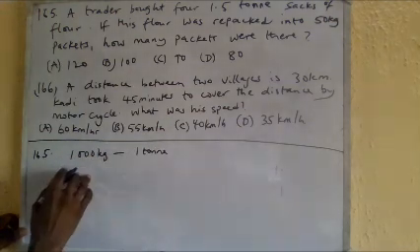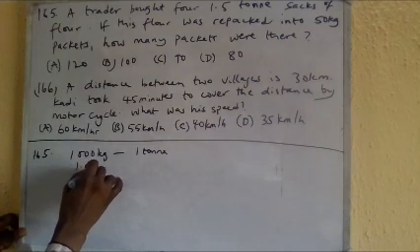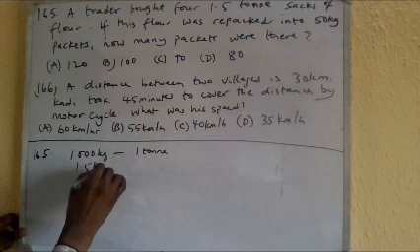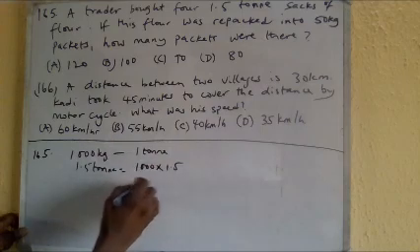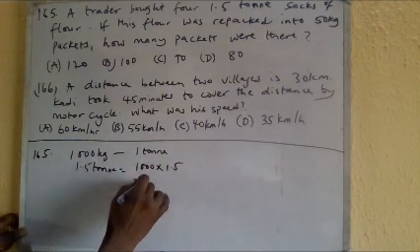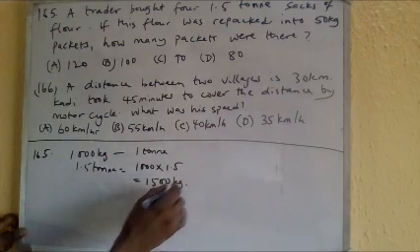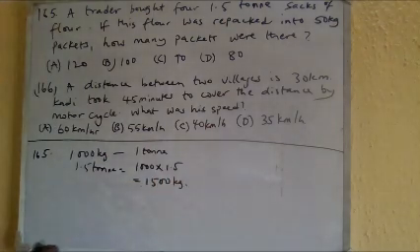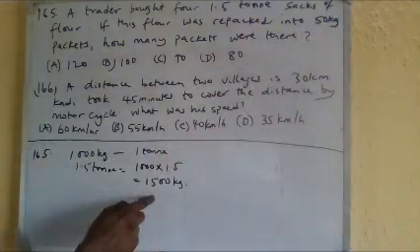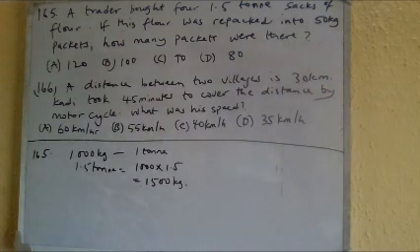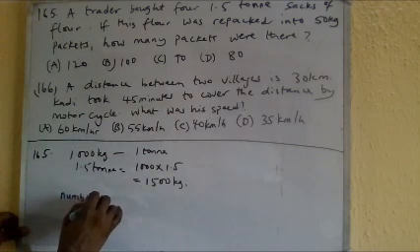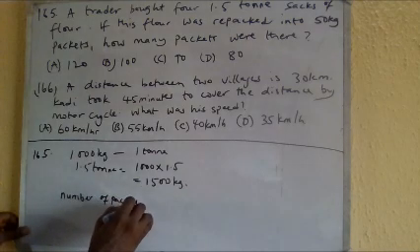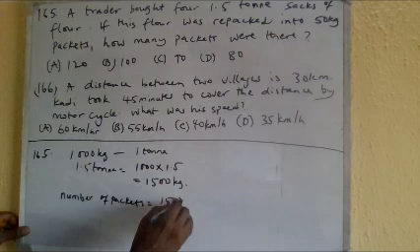So 1.5 tons will be 1,000 times 1.5 in kilograms. It will be 1,500 kilograms. So we're going to find how many 50 kg packets can be found in 1,500. So the number of packets will now be 1,500 over 50.